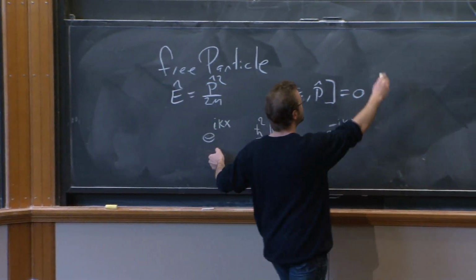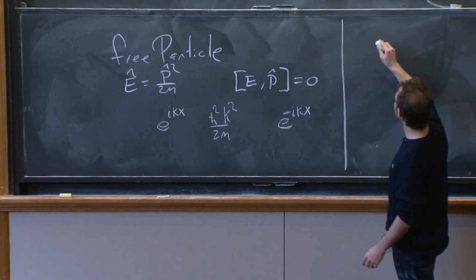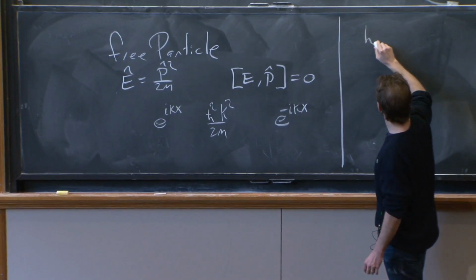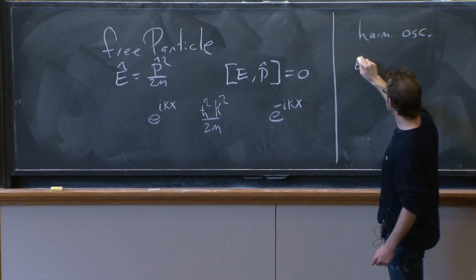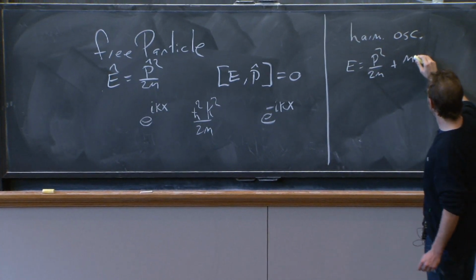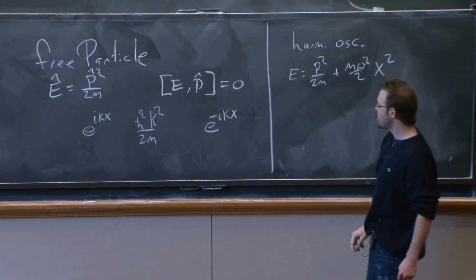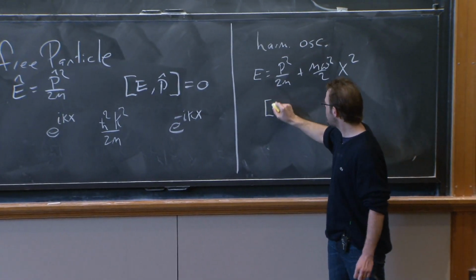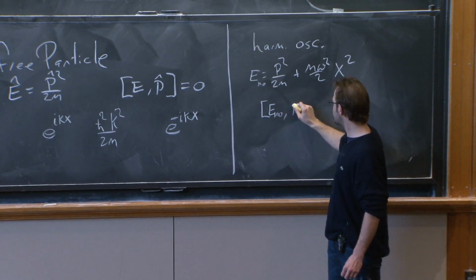Now, just to make clear that it's actually the commuting that matters, imagine we took not the free particle, but the harmonic oscillator. E is p squared upon 2m plus m omega squared upon 2 x squared. Does E harmonic oscillator commute with p?